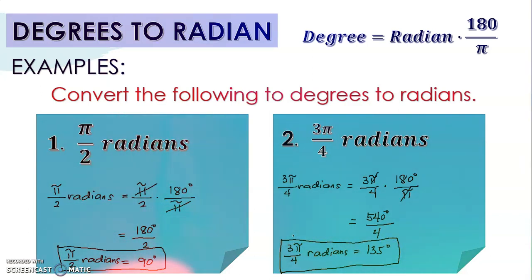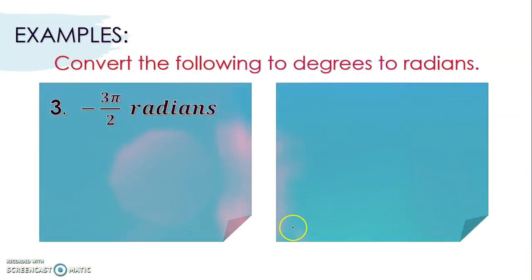Let's proceed to the next example. Number 3. What if it will become negative, like negative 3 pi over 2 radians? So we are just going to follow the format that we gave you, class. So copy the given, then it will become negative 3 pi over 2 times 180 degrees over pi.